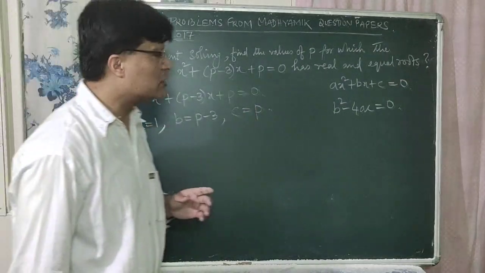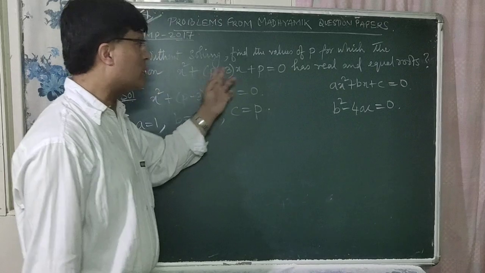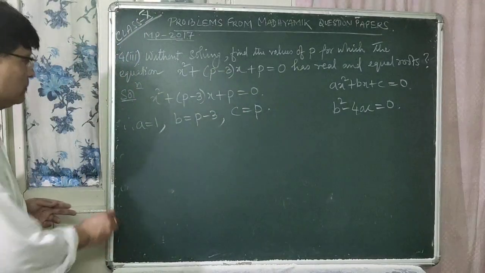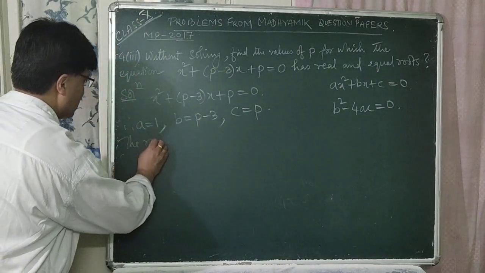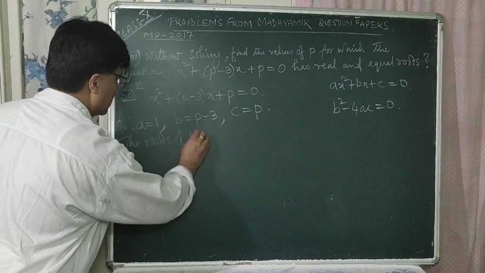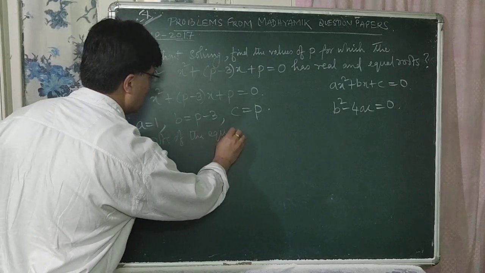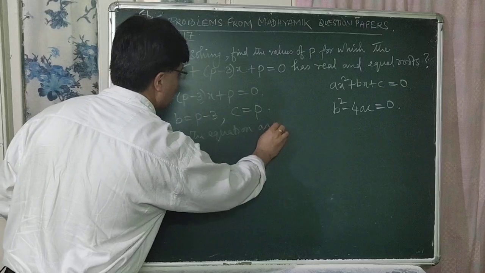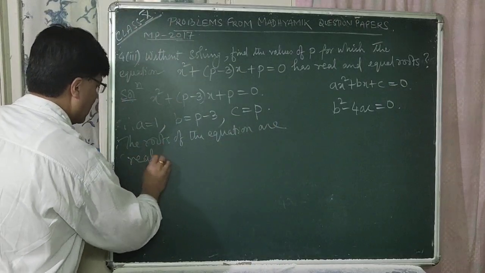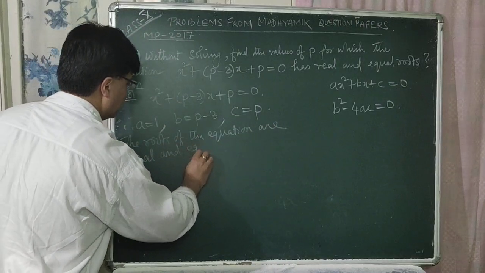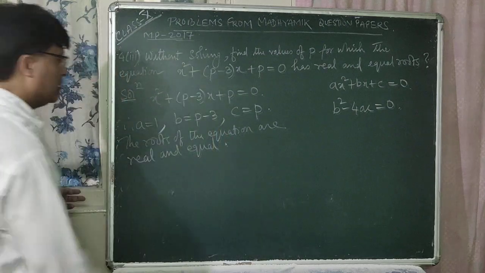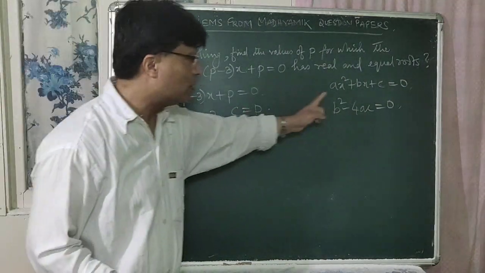Now in the question it is given that the roots of this quadratic equation are real and equal. So now the roots of the equation are real and equal. So what is the condition?